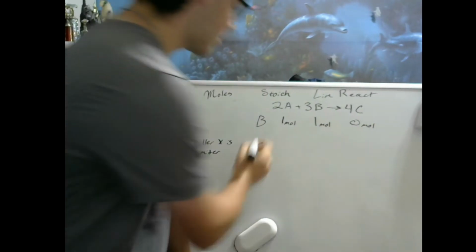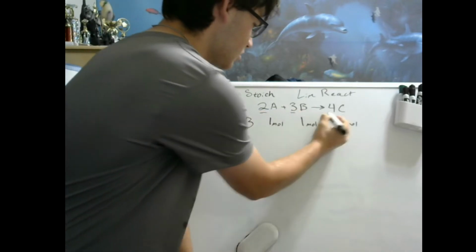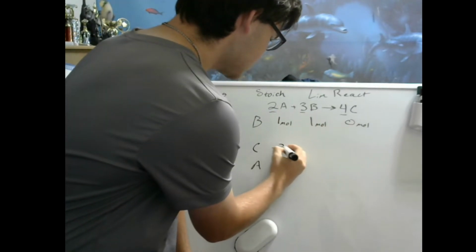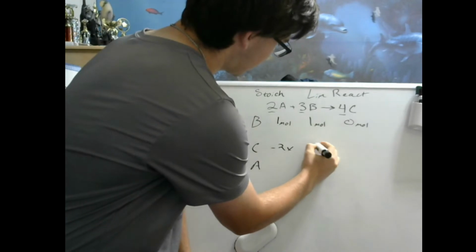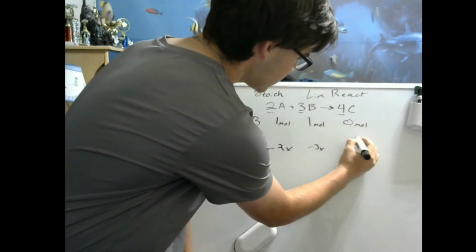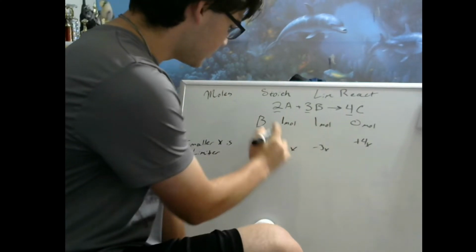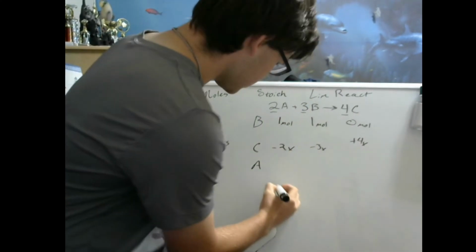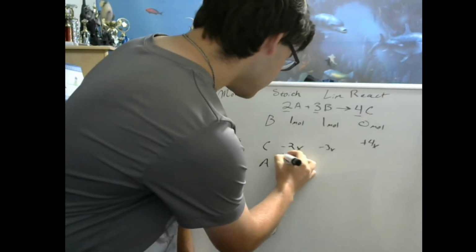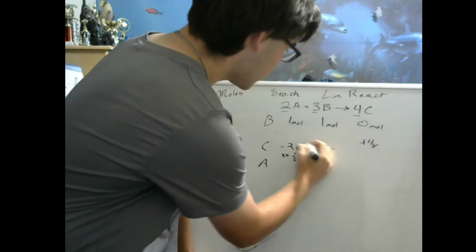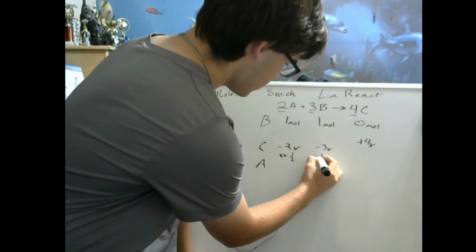The change is going to be the mole ratio. So it's minus 2x, minus 3x, and then plus 4x. How do we find out what x is? You divide before by the change. So this x is 1/2 and this x is 1/3.